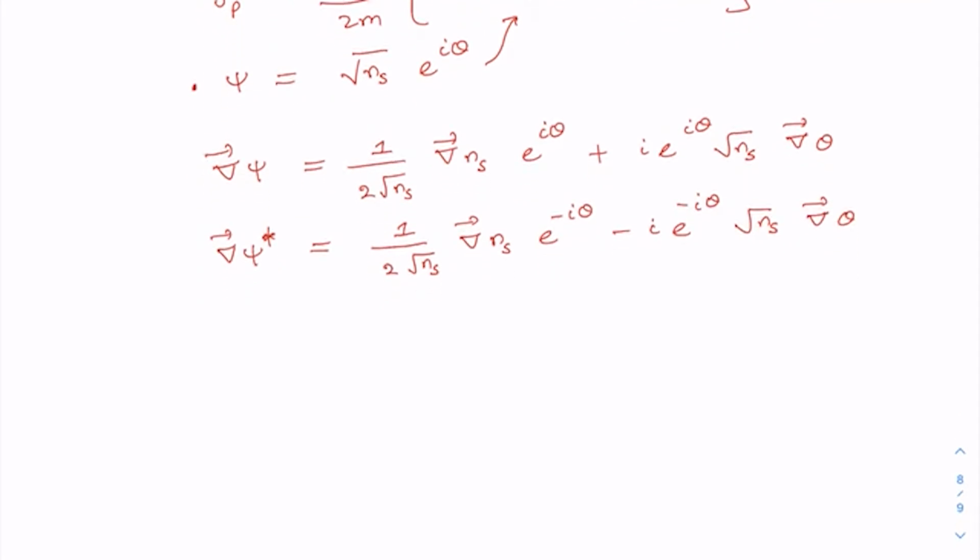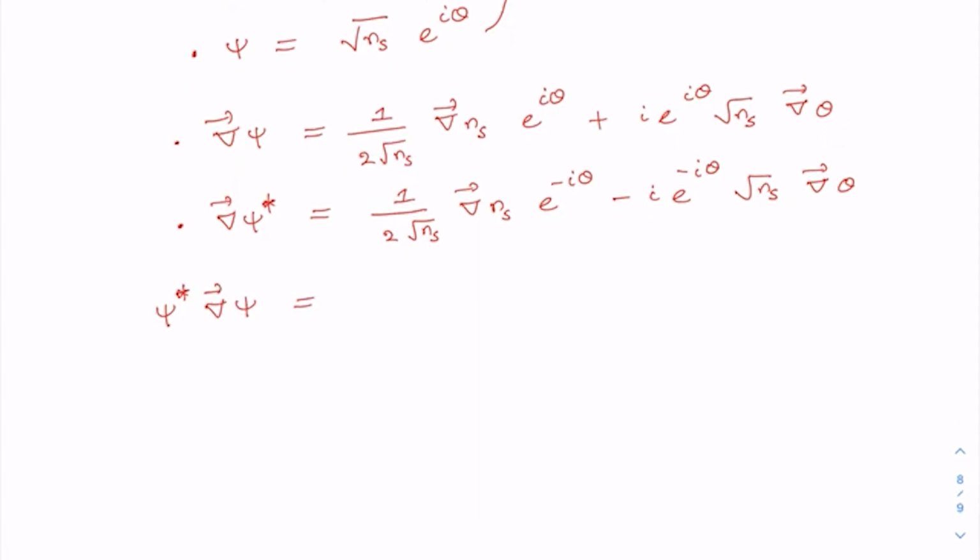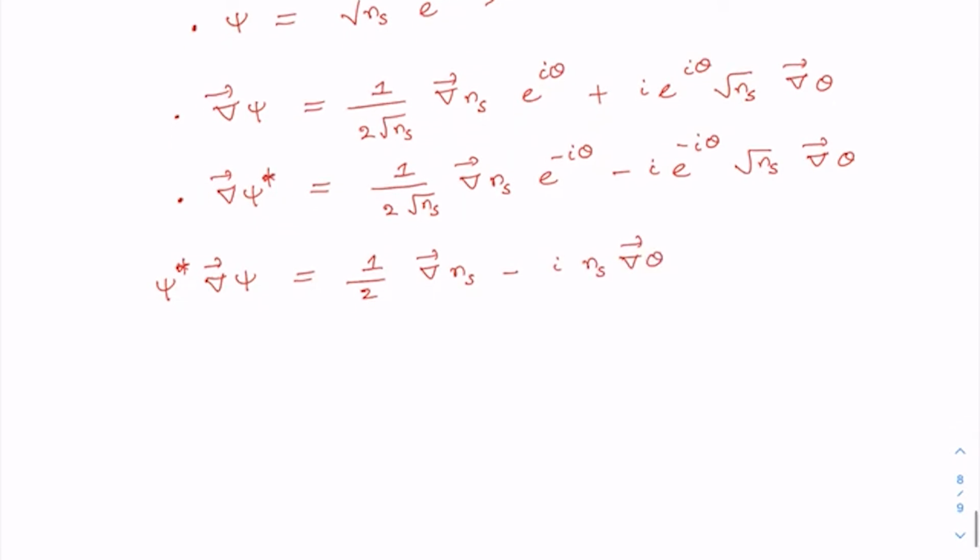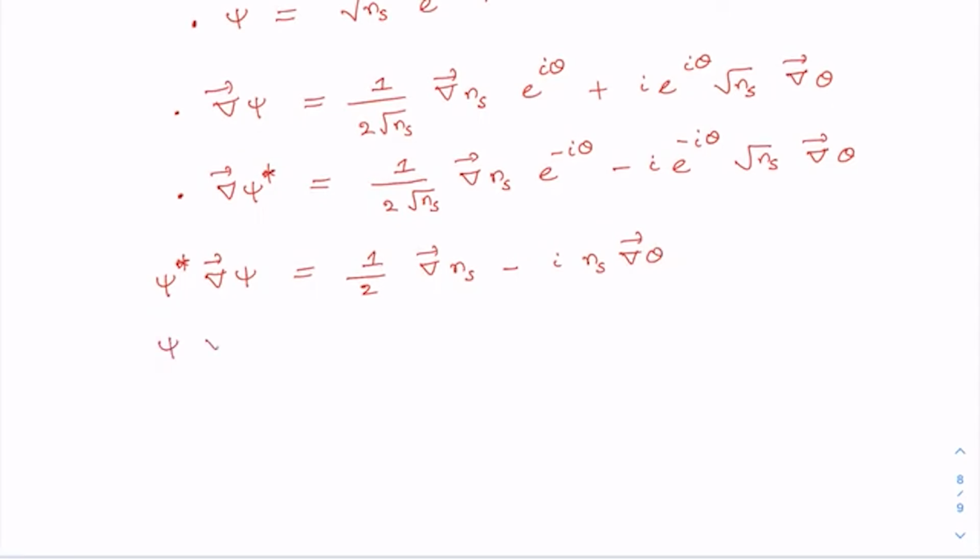Now you multiply this one with psi star and this one with psi, so you will have psi star grad psi, and if you do that you are going to get simply a half, grad of ns minus i ns grad of theta, and then for the other one you just have to take again the complex conjugate, and you are going to get half grad ns plus i ns grad theta.